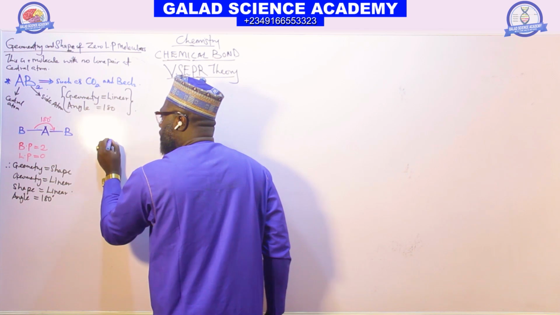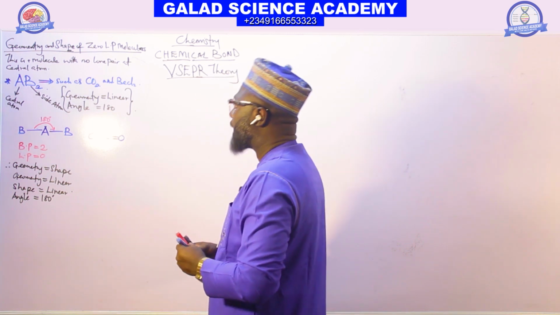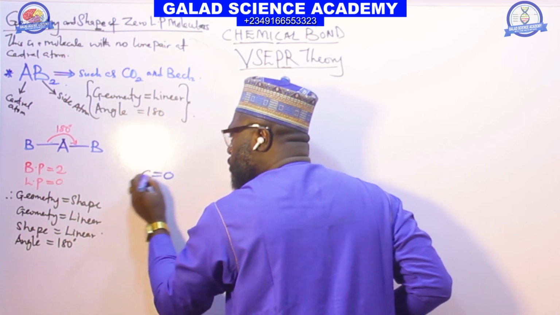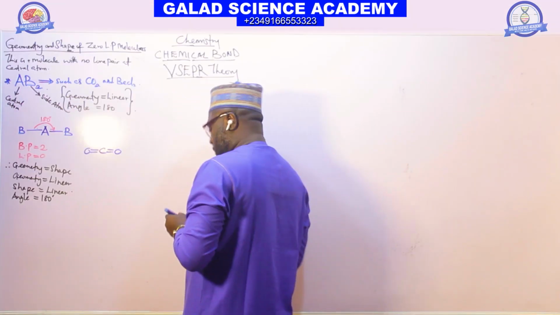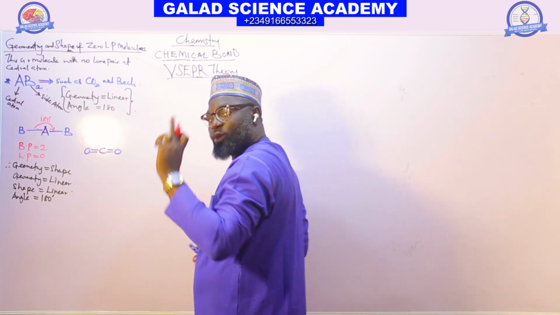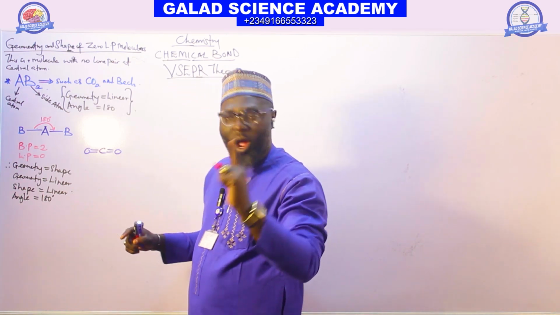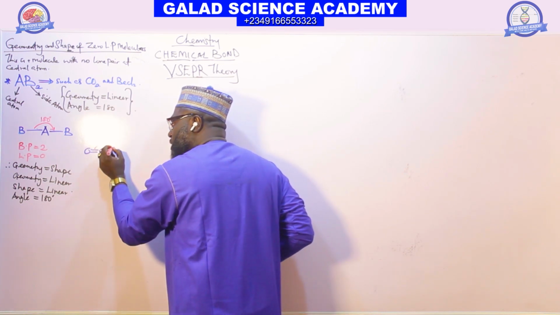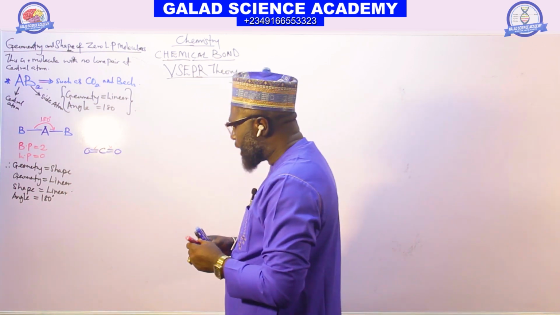If you use CO2 now, we have it in this form. You can see it is linear. And the rules say that multiple angles we consider as a single angle. So there are multiple angles here, but we see them as a single angle, a straight line of 180 degrees.